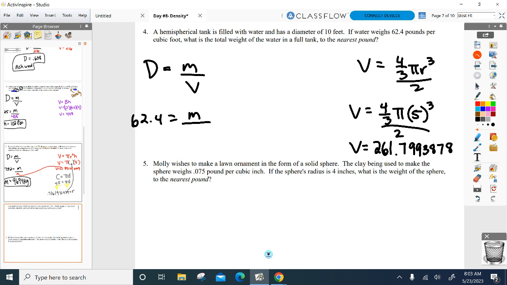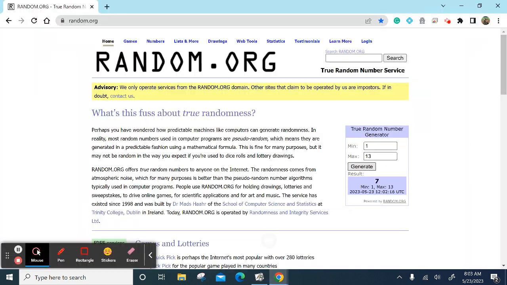I'm getting about 261 and change. And then I'm going to plug that in for the volume here. And to the nearest pound when somebody's ready. Nine when you're ready, nearest pound.